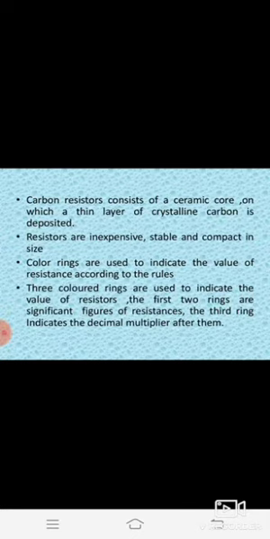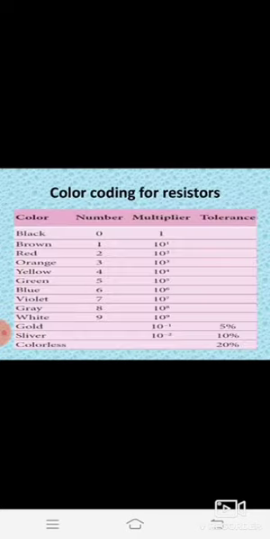The first two rings are significant figures of the resistance. The third ring indicates the decimal multiplier after them.